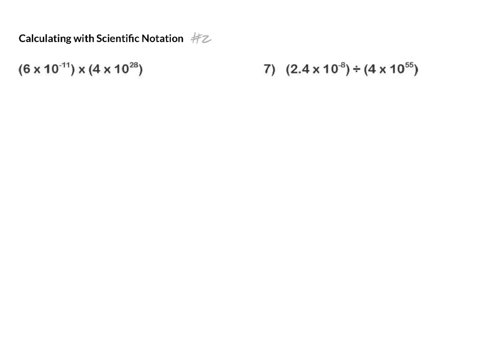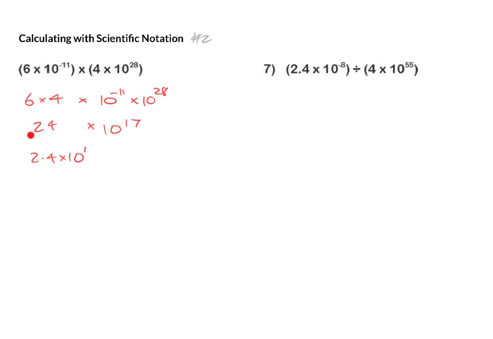So hopefully you're getting the hang of this now. Let's go through this one a little bit quicker. The first one, I'm just going to put the two ordinary numbers together at the front, so 6 times 4, multiplied by 10 to the minus 11 times 10 to the 28. 6 times 4 is 24. 10 to the minus 11 times 10 to the 28 will be 10 to the minus 11 plus 28, so 10 to the 17. 24 is not between 1 and 10, so I'm going to make that 2.4 multiplied by 10 to the power 1.